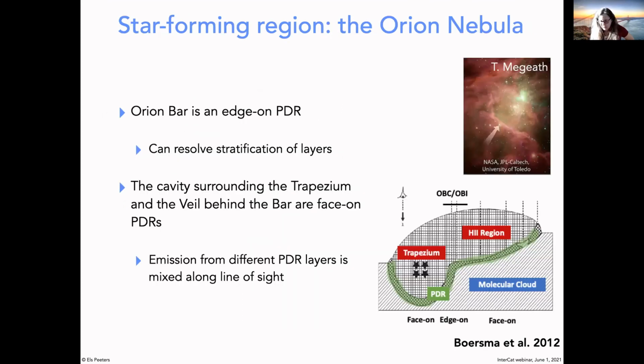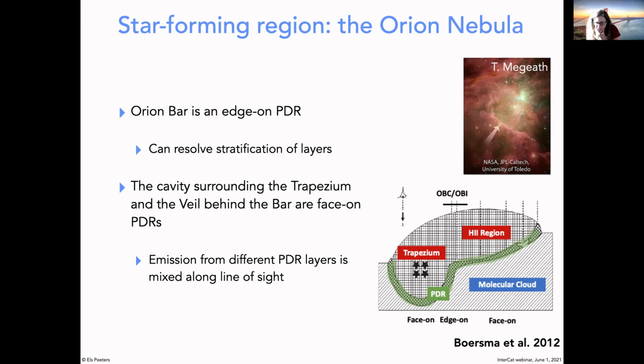I see I'm speaking very slowly, so let me quickly talk to you about the star-forming region, the Orion Nebula. You see a little cartoon here. We have very massive stars, the Trapezium, which are ionizing their surrounding area. In their surrounding area, you have first an H II region, where the hydrogen is fully ionized, shown in red here.